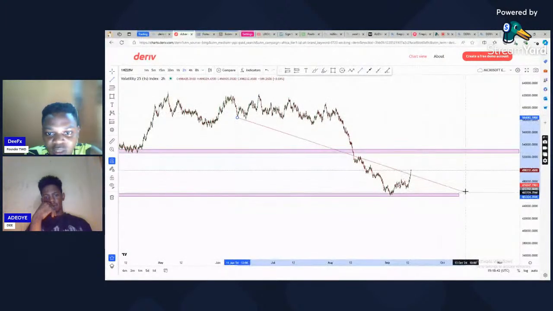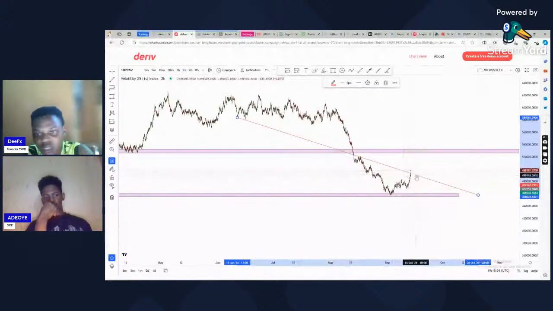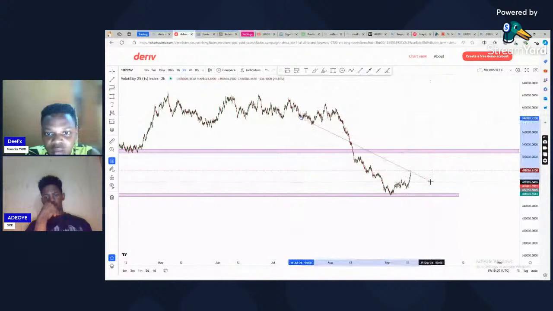I can only see something manipulative. All right, one. Okay, so I would have said we should use this, but if we had actually gone in here, price would have taken us out. From here, price would have taken us up.